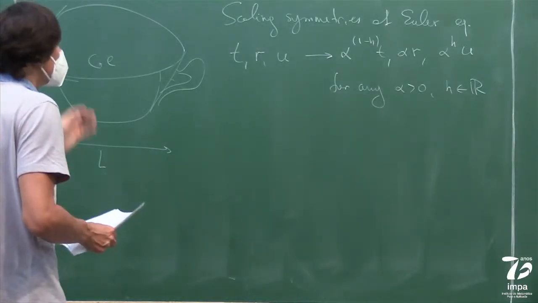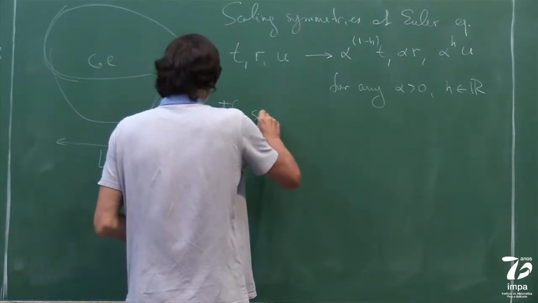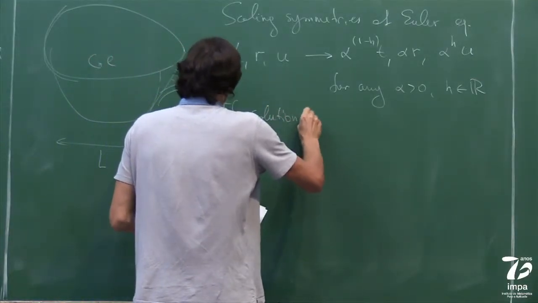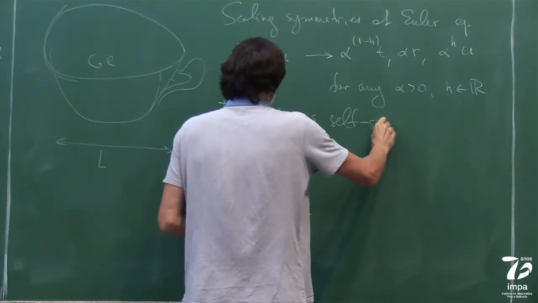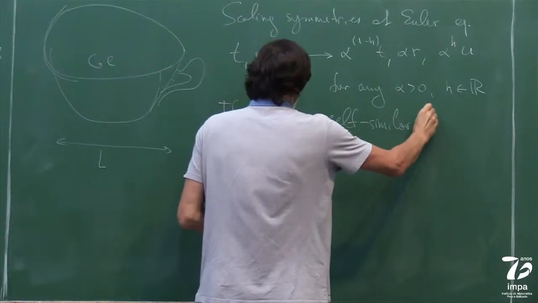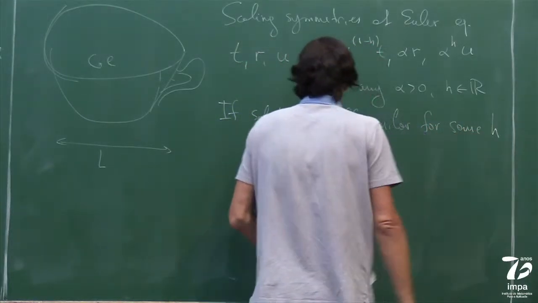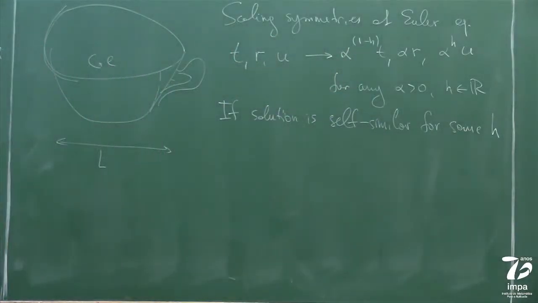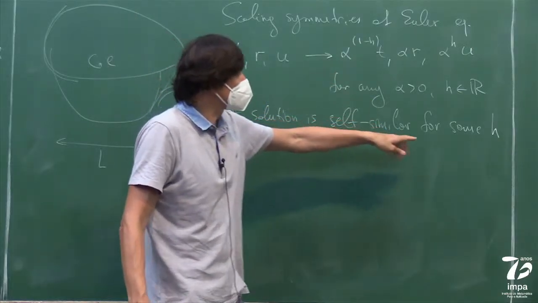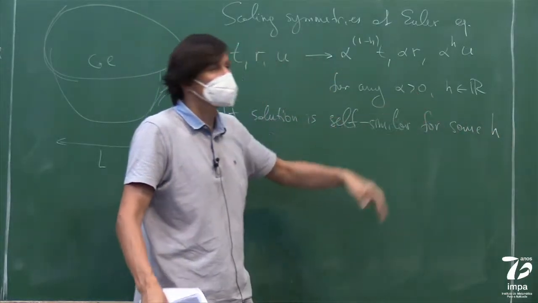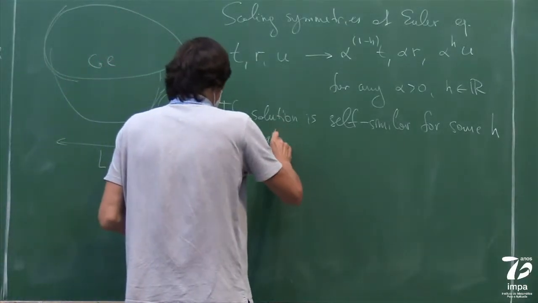What you can see is that if a solution is self-similar for some h, what does self-similar mean? That means that whenever you make this transformation for some given fixed h, you get exactly the same solution, at least statistically.